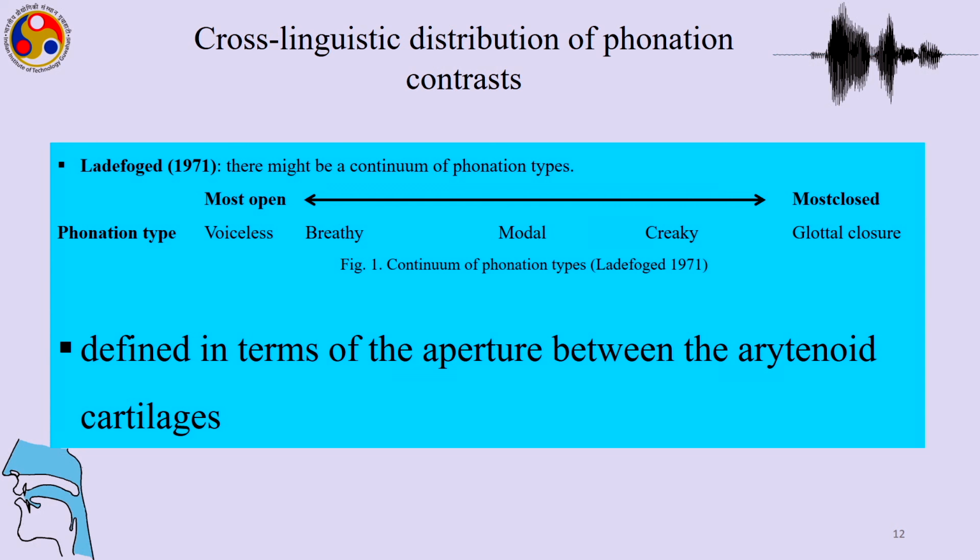And between glottal closure for a glottal stop and the modal voice, where on one extreme we have the most closed gesture of the two vocal cords, we can have creaky phonation. So, now we can see that between voiceless, modal and glottal closure, we can have two very distinct phonation properties, and there are languages of the world which contrast based on those places in between in the continuum of phonation types.